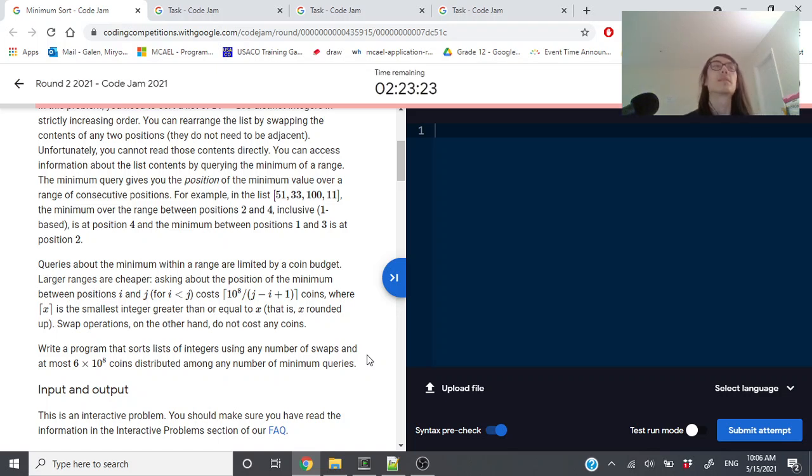So for example, if we did n squared things, I think that would not do so well. For example, if we asked the minimum over the whole list, that wouldn't work. So we could do some sort of merge sort.